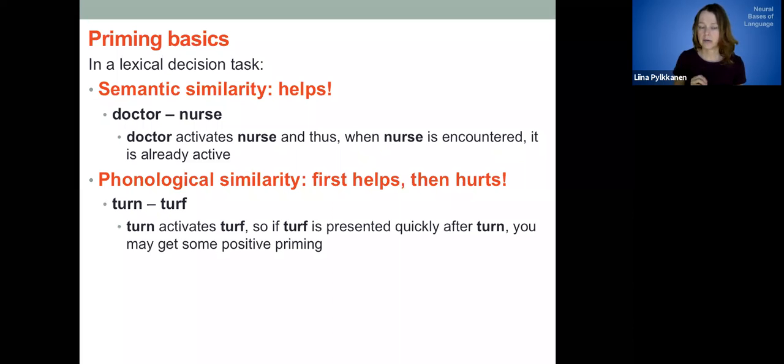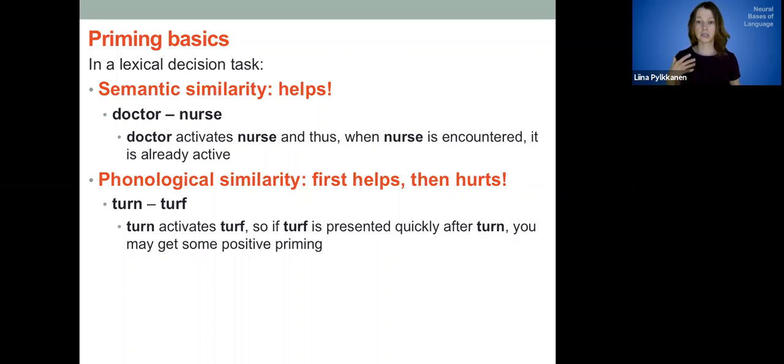So here's the idea, and I'm going to give you a picture to accompany this as well. Imagine that you're hearing turn. As you start hearing turn, that stimulus is going to activate not only the word turn, but also other words that start the same, like turf.